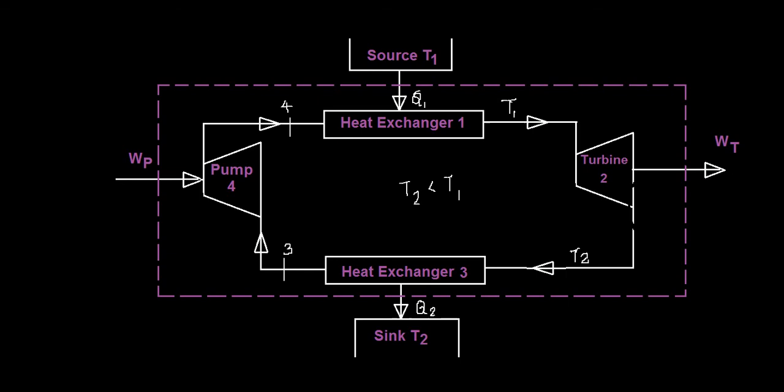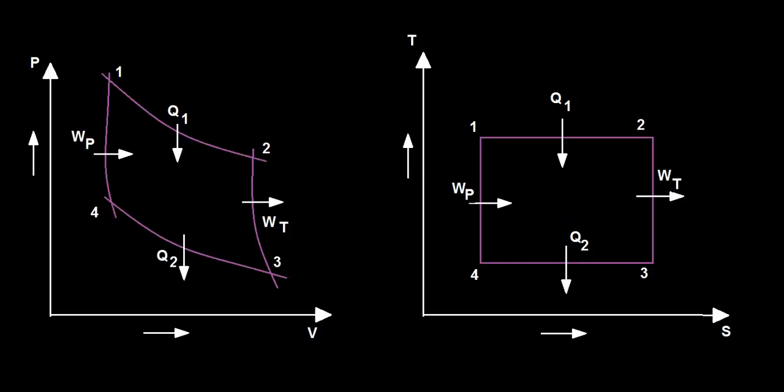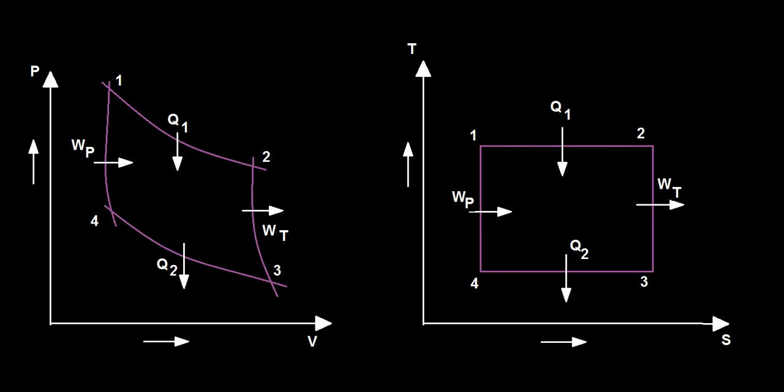So let's see if we can draw the pressure, volume and temperature entropy diagrams for this Carnot cycle. I made it easy for you by drawing the diagrams in advance. So what you have here is a process from 1 to 2 that is absorbing the heat Q1.